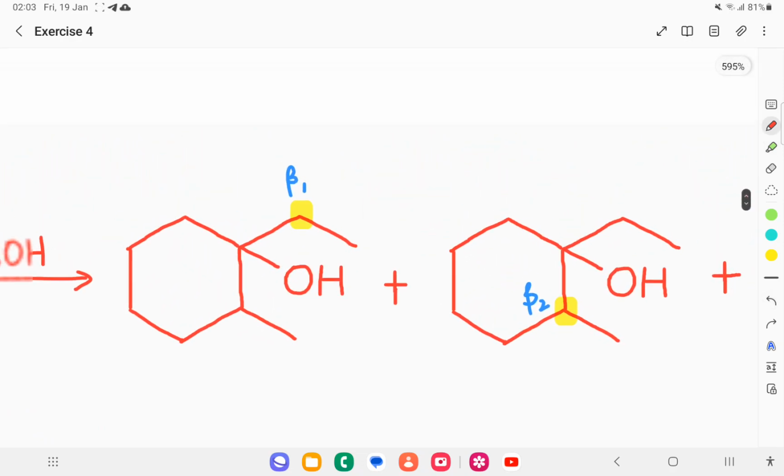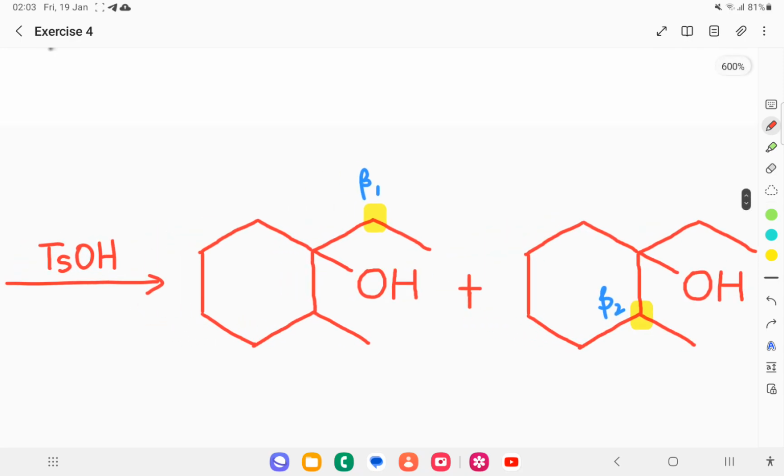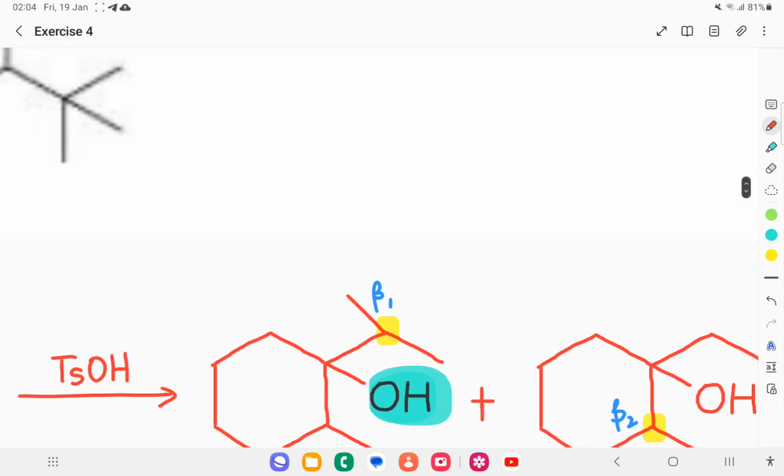For the answer, we will look at beta carbon one first. We will remove one OH from the alpha carbon and one hydrogen from this beta carbon.